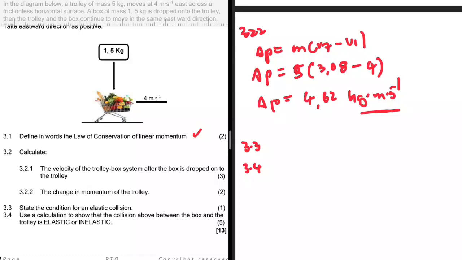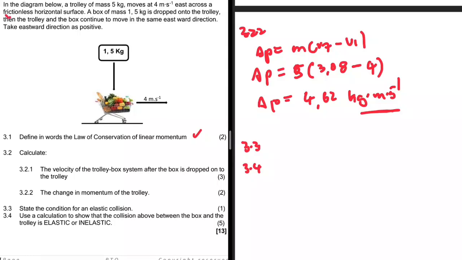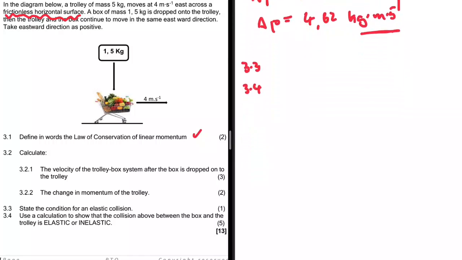Why? We were told in the question statement that the trolley is moving on a frictionless horizontal surface. If it is moving on a frictionless horizontal surface, the linear momentum is conserved. That is why we used that theorem in 3.2.1. We just need to check whether the kinetic energy is conserved or not.